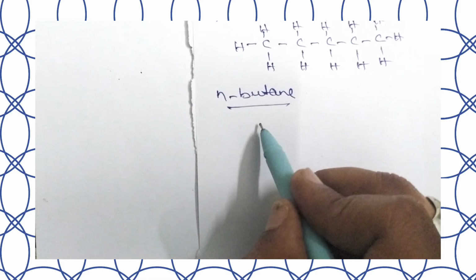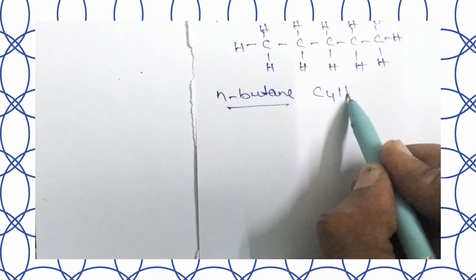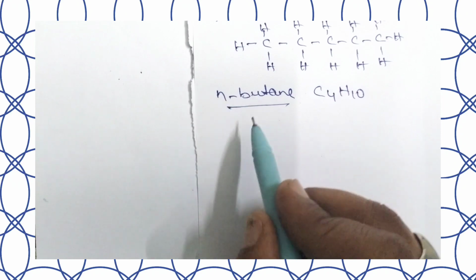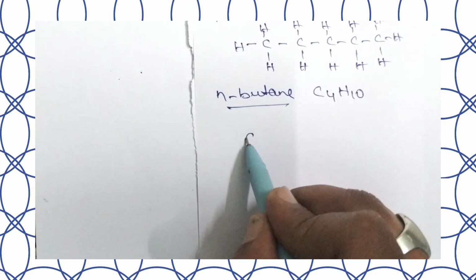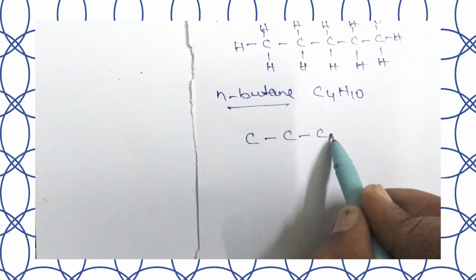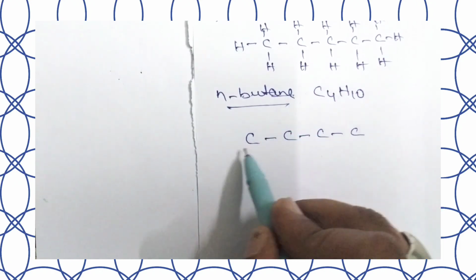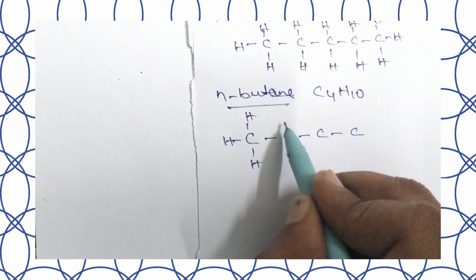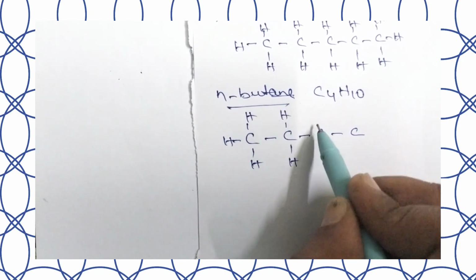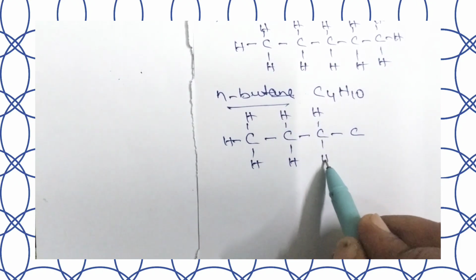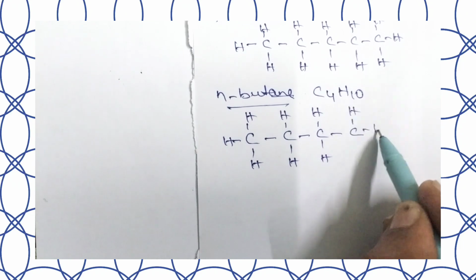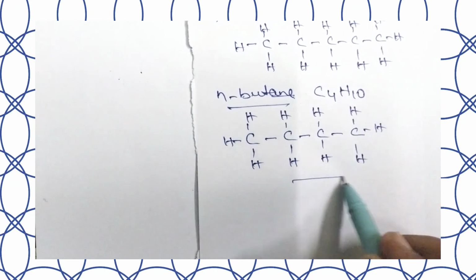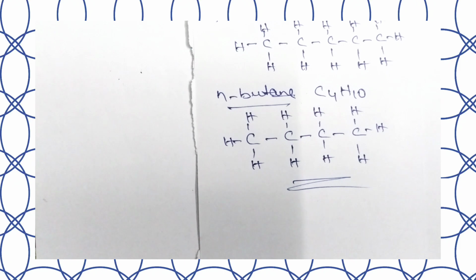For n-butane the molecular formula is C4H10. For normal butane, I have to write the straight chain 1, 2, 3, 4. Since it is ANE, single bonds, 1, 2, 3, 4, 5, 6, 7, 8, 9, 10. So this is the structural formula for n-butane.